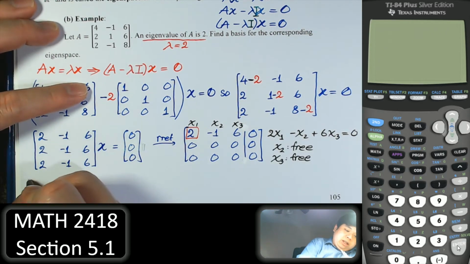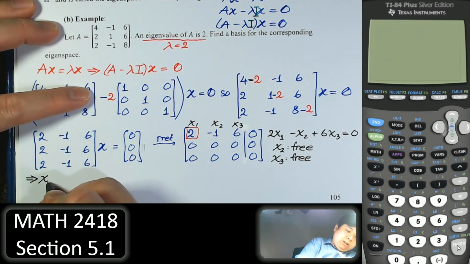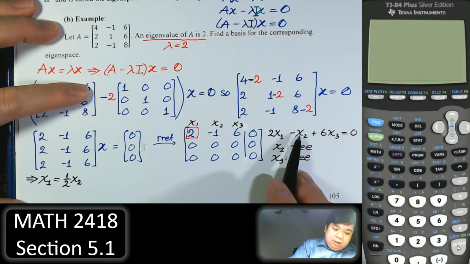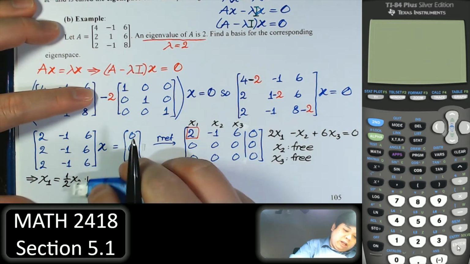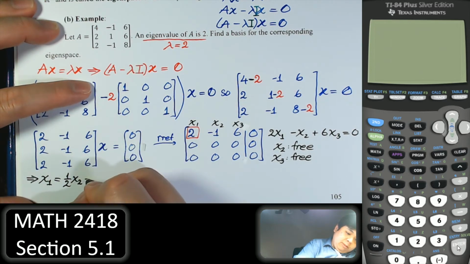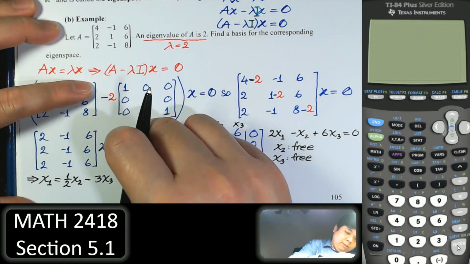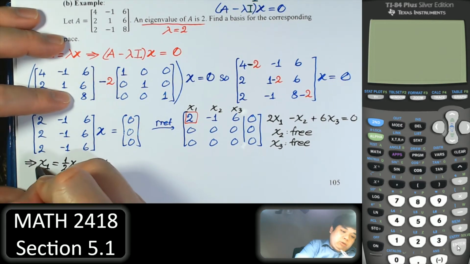So x1 equals 1/2 x2 minus 3x3, and x2 and x3 are free.